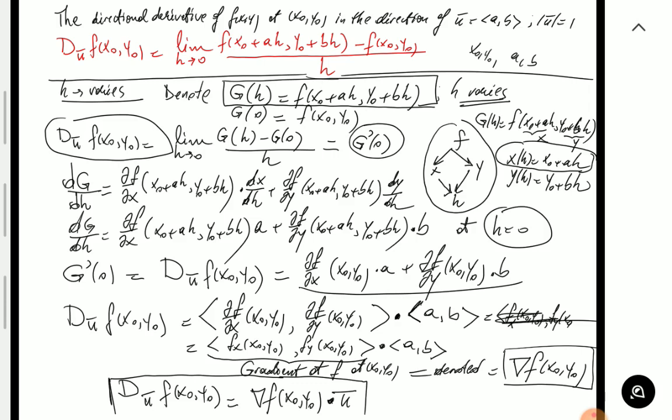But as it so happens, partial derivatives that we learned before are used in the computation of the directional derivative in any direction that you choose. So we're going to go over a couple of examples, so stay tuned for the next page.